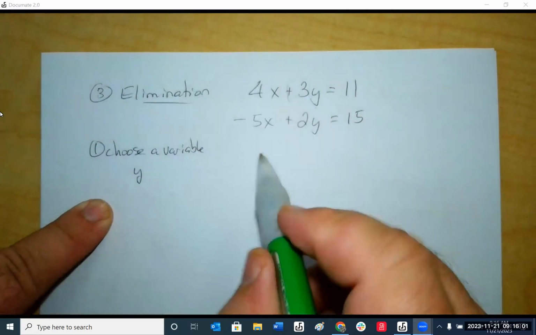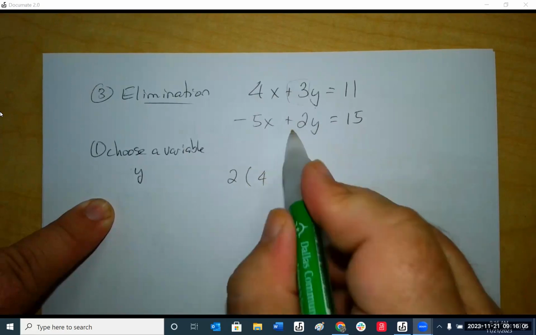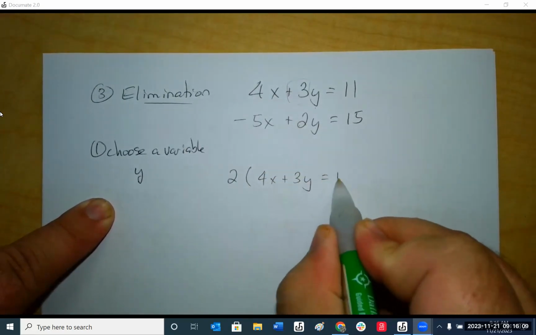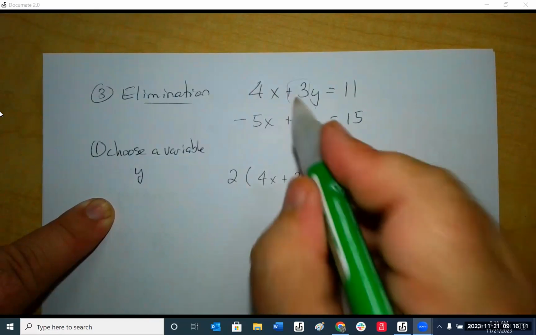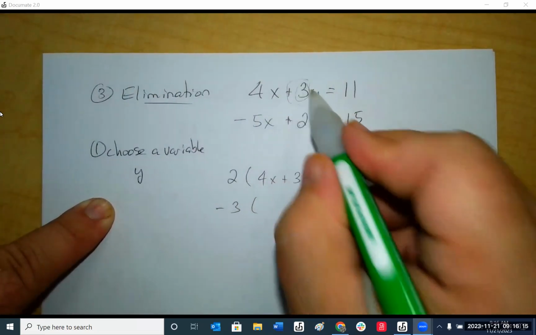So what I do to the first equation, I multiply that one by 2. Since they're both positive, I multiply the second one by -3.